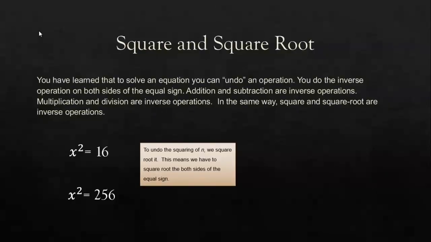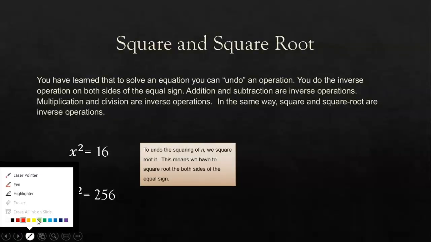So to undo the squaring of a variable, in this case we have the definition using n, but it can be any variable. Remember, the variable can be any letter that's taking the place of a value. So in order to undo it, we square root it. The same rule applies: whatever we do to one side, we have to do to the other.